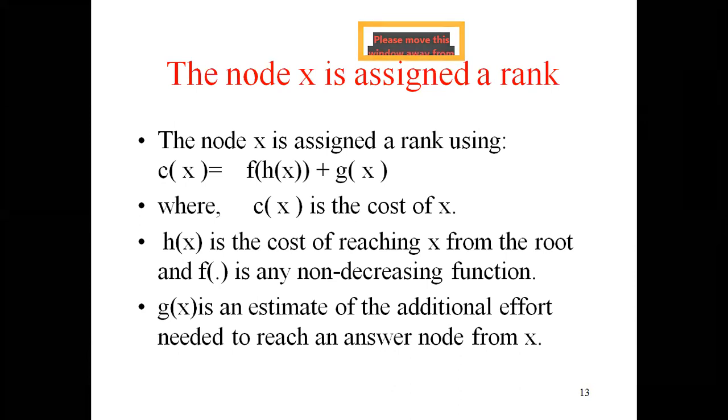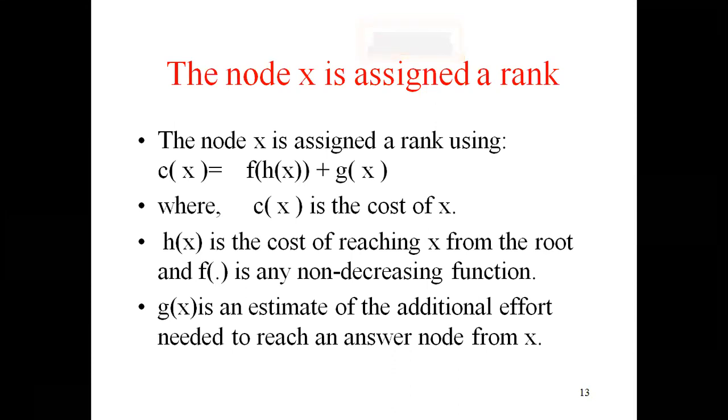Let g of x be an estimate of the additional effort needed to reach an answer node from x. If we want to reach an answer node from x, what is the estimate of additional effort needed? How much effort is needed to reach your answer node or goal node from the node x?